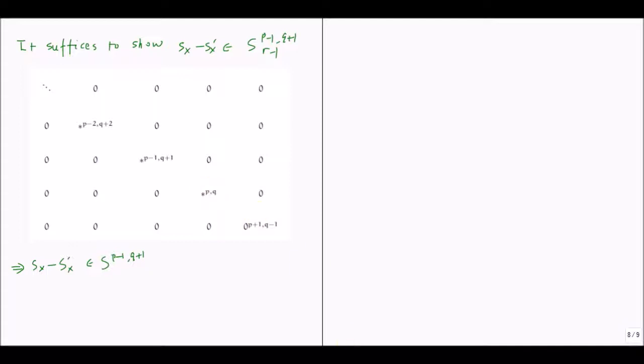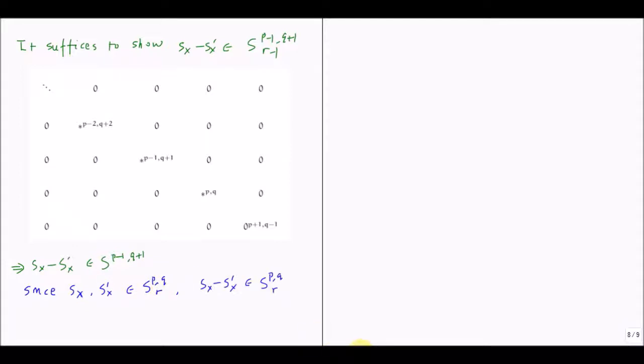Now, why are they r minus 1 closed? This is because if you regard s_x and s prime sub x as r-closed pq strips, their difference must also be an r-closed pq strip.